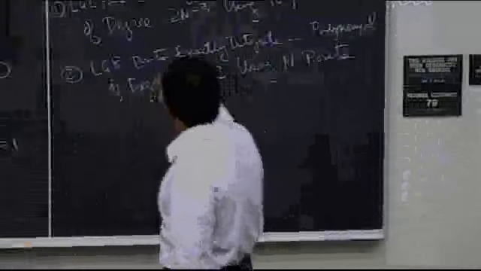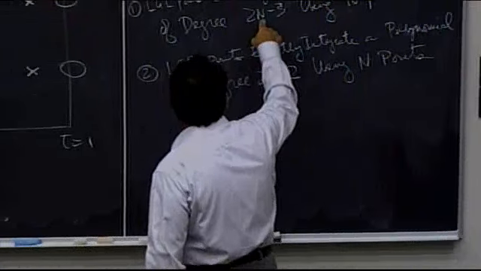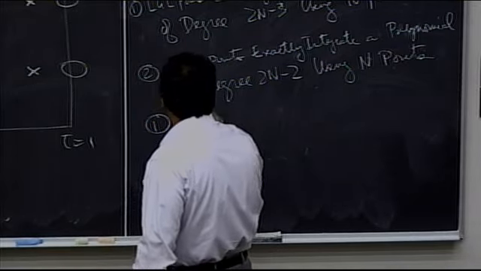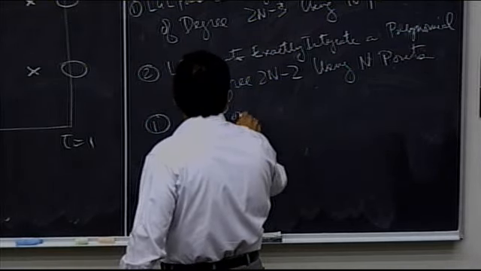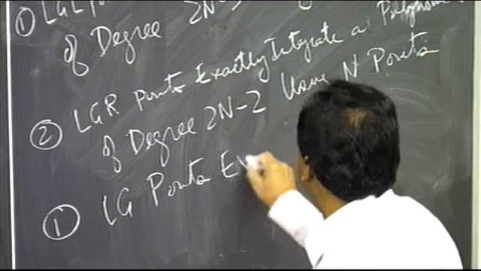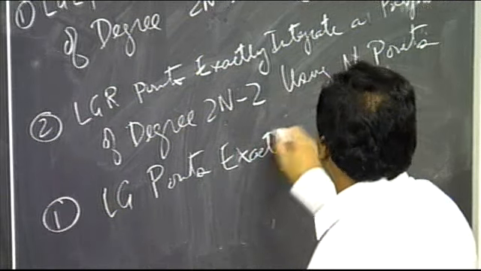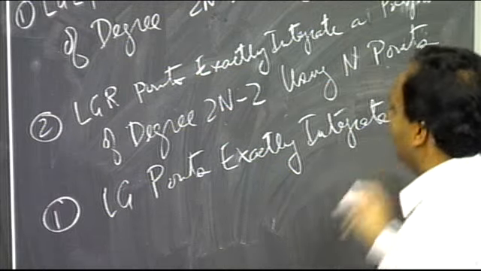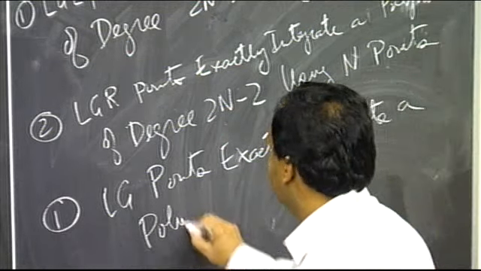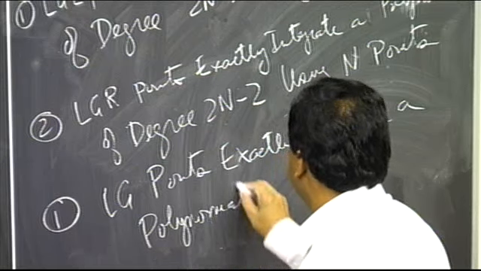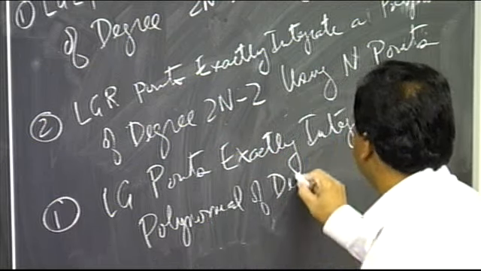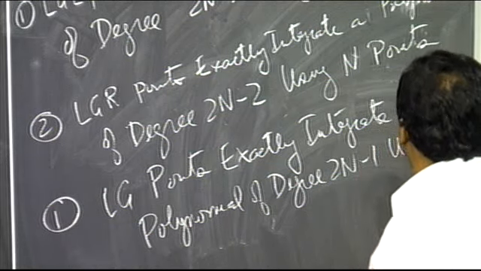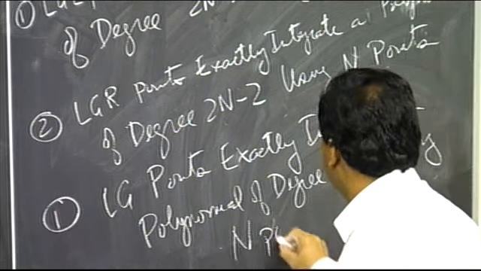I can integrate a polynomial one degree higher exactly than I can using LGL points. And by the last logic, the LG points exactly integrate a polynomial of degree 2n minus 1 using n points.